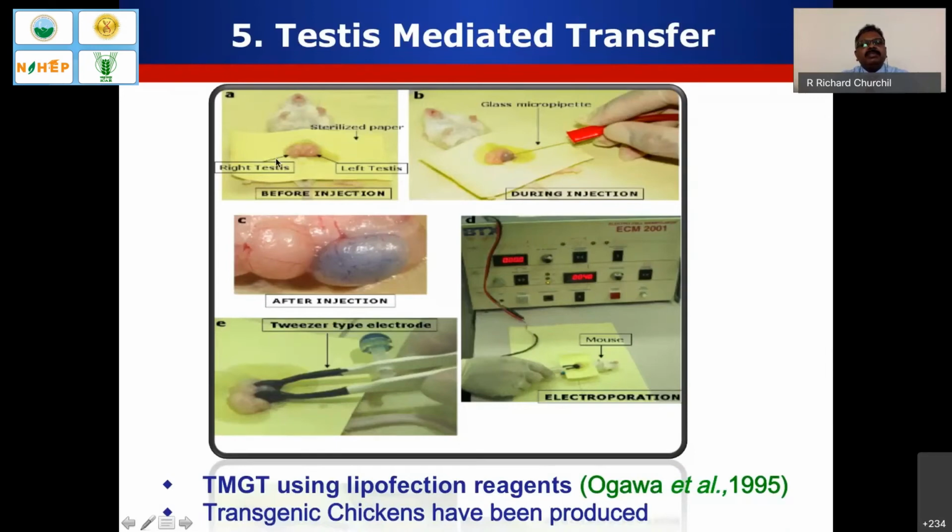So this is a mouse, and this is the testis, where the foreign gene is injected, and it is given some electric shock-like thing, electrophoresis, to enhance the integration of the foreign gene into the spermatogonia, and the sperms produced from those transgenic spermatogonia from the animal will be transgenic sperms.